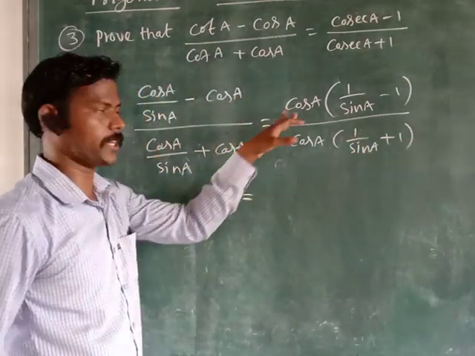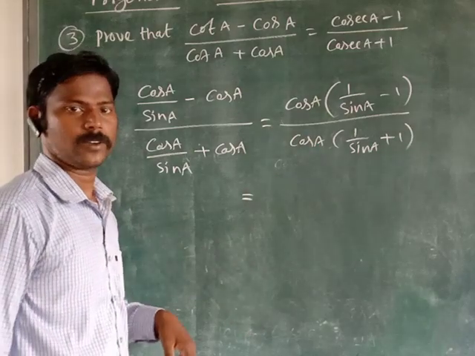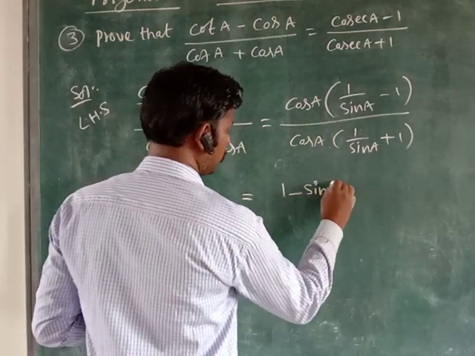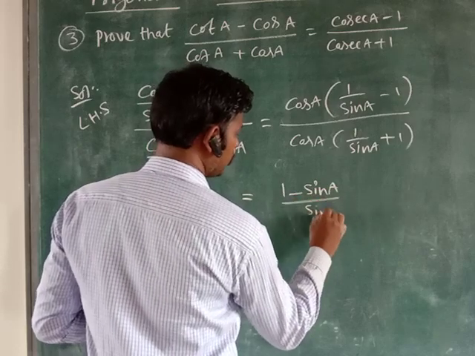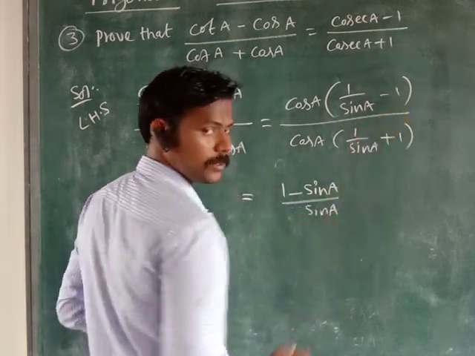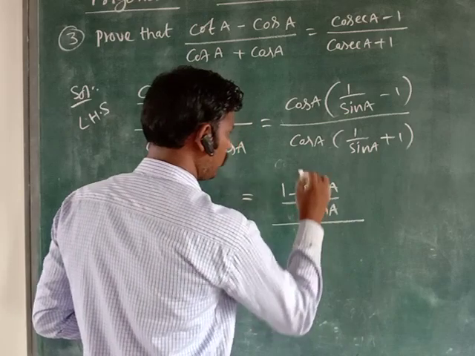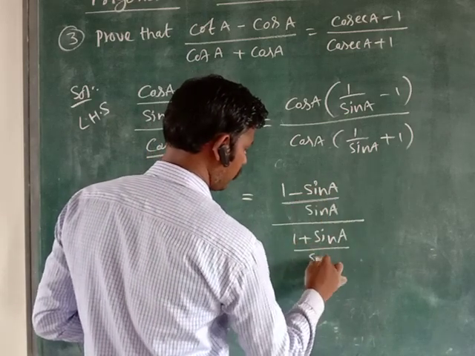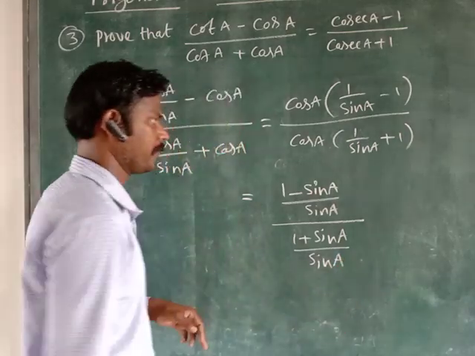Now see this step, what is cancelled? Cos is cancelled. So the remaining is 1 minus sin A by sin A, because of the LCM, whole by 1 plus sin A by sin A.